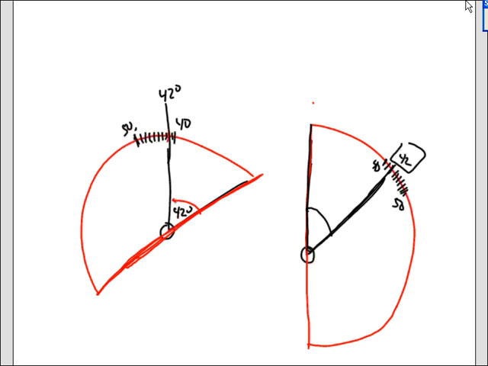Now this other number is going to be, in other words, if we really wanted to measure that angle, what if the initial angle went from here to here? So we want to know this angle right here. And that's more than 90. Well, in addition to saying 50 right here, it's also going to say 130. In addition to saying 40 here, it's going to say 140.